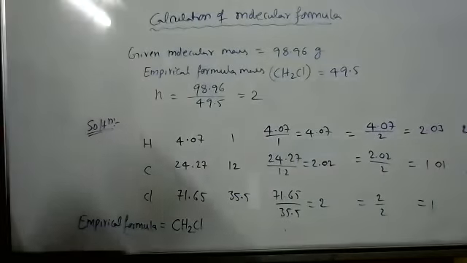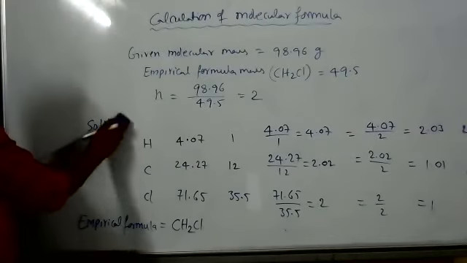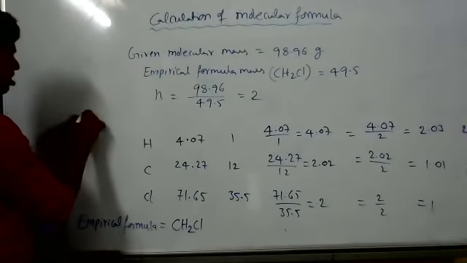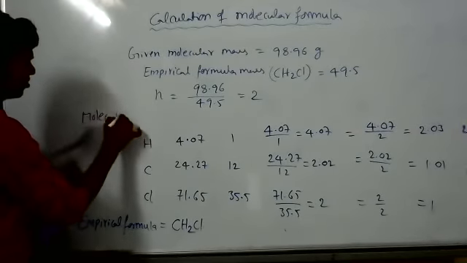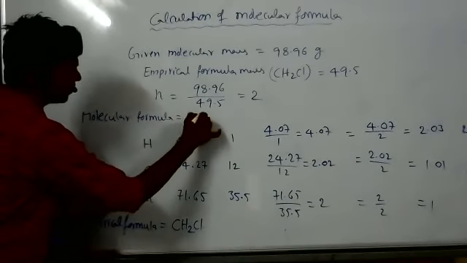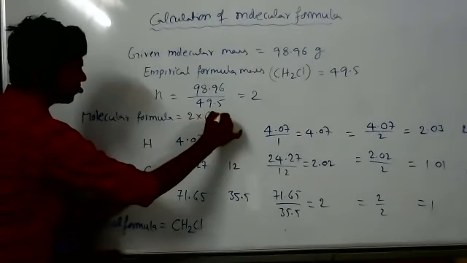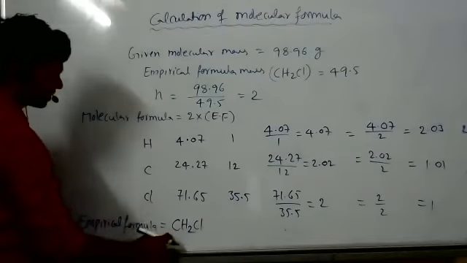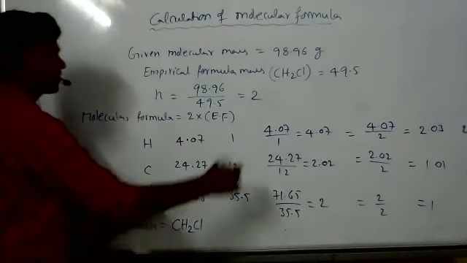Now the molecular formula is 2 into the empirical formula. 2 into CH2Cl gives C2H4Cl2, the final answer.